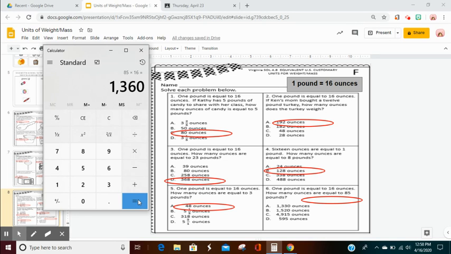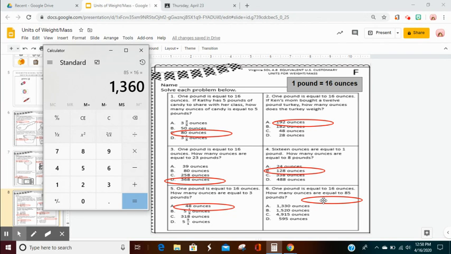I bet A was supposed to be that. Let me check my math. 85 times 16. Yes, that one's a typo, guys.